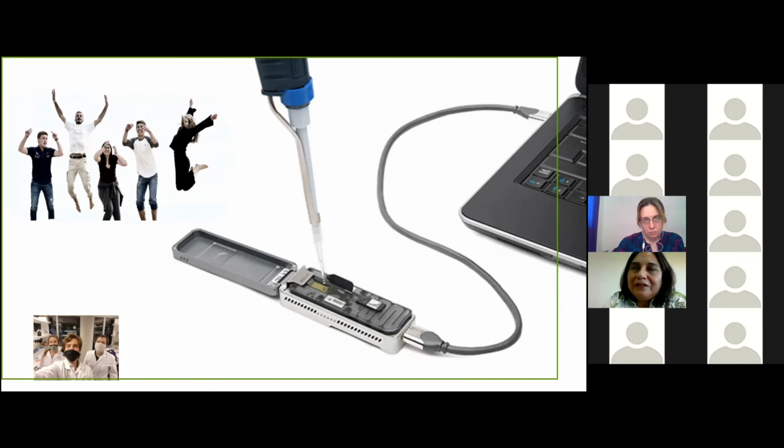So you have real time, you don't need to send your samples outside your country. The sequencing machine is portable, and of course it has different bioinformatics challenges, but we can deal with them. But the problem is that you cannot use $2,000 per sample, even for COVID-19.